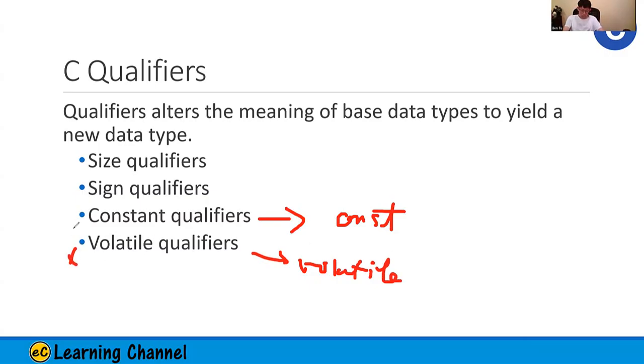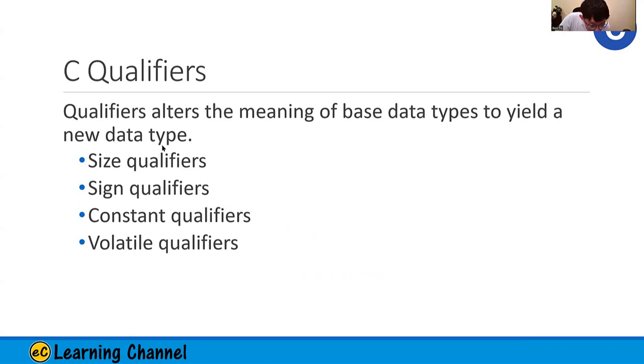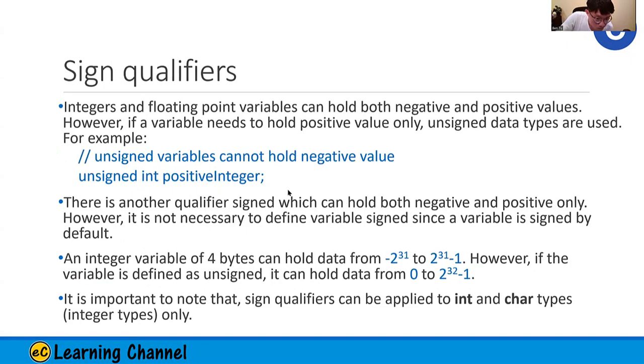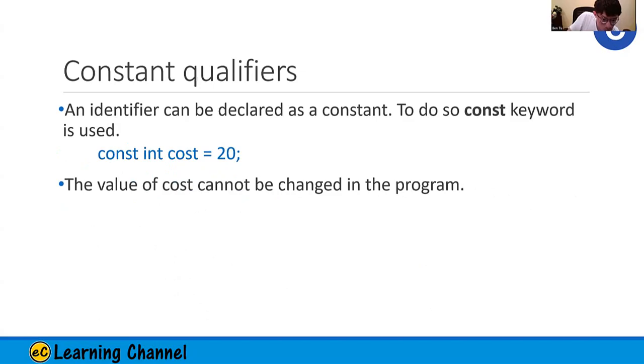Java does not have the volatile variable. Okay, so these are the different C language data type qualifiers to change the data type. So size, you have long, short, we know. Sign, you have signed, unsigned, we talked about already. Constant, we talked about it. Essentially, in Java we have final, but in C, you write constant, okay, means no change.